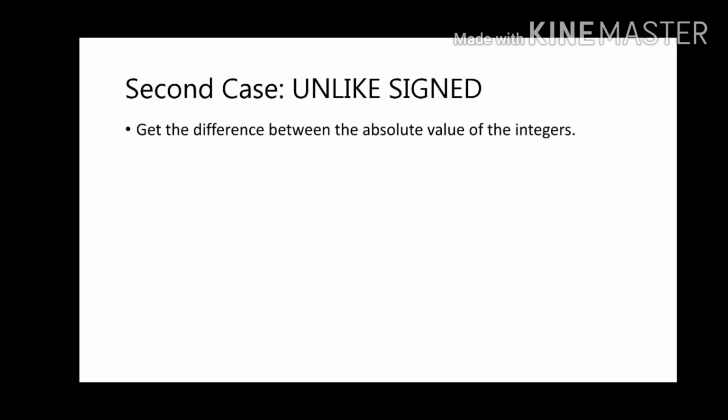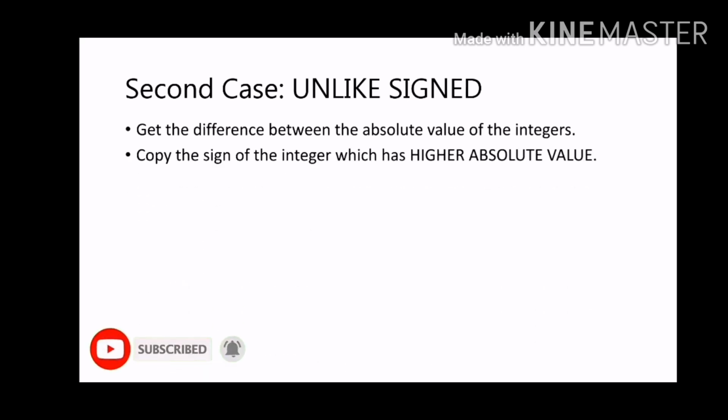Okay, so for the second case, we are going to add unlike-signed integers. First, get the difference between the absolute values of the integers. Second, copy the sign of the integer which has the higher absolute value. Let's have this simple example.